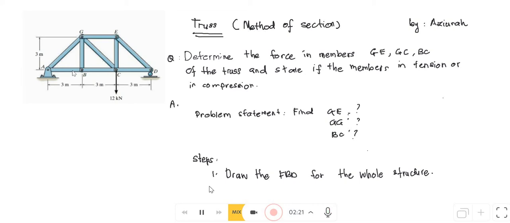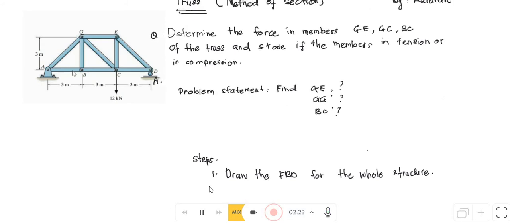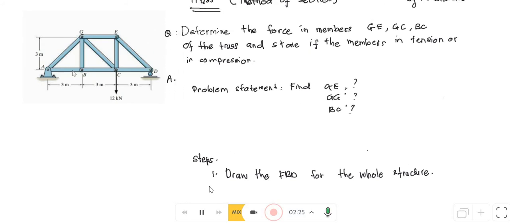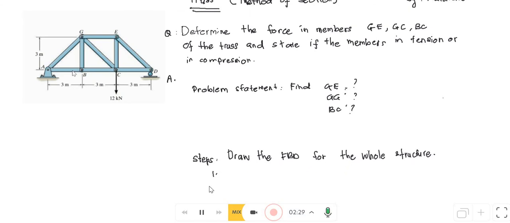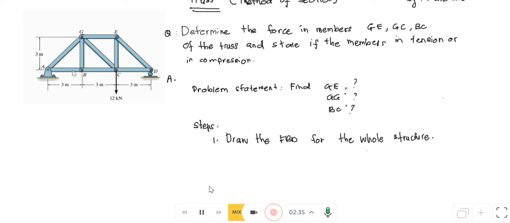Okay, next, what should we do after we have drawn the FBD for the whole structure? I have to move up all this part, so we can have a space to write. The next step, of course, after we draw the FBD for the whole structure, we need to find the support reaction.